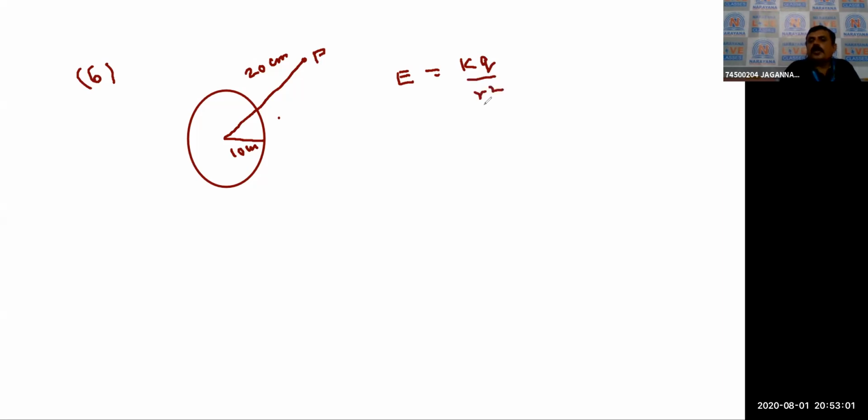This is the formula. The E value given here is 100, the electric field at this point. So KQ divided by R square, R is 20 centimeter which means 0.2 meter, whole square means 0.04. So KQ equal to 100 into 0.04, which means 4.